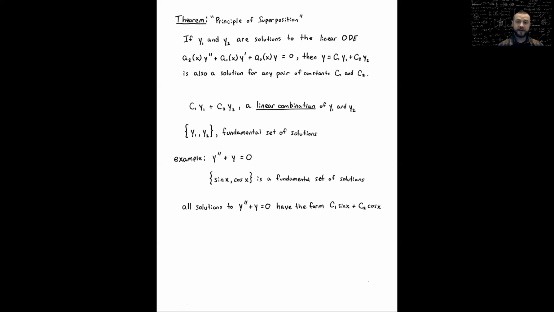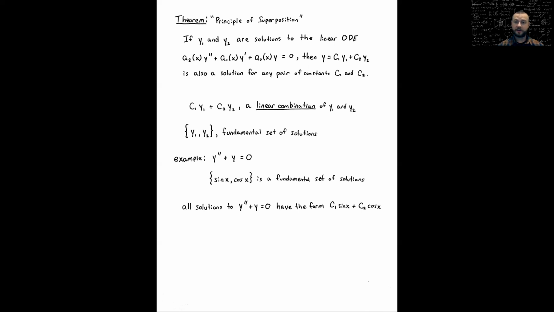And for our previous example, the linear ODE y double prime plus y equals 0, our solutions, sine of x and cosine of x, form what we're going to call a fundamental set of solutions.